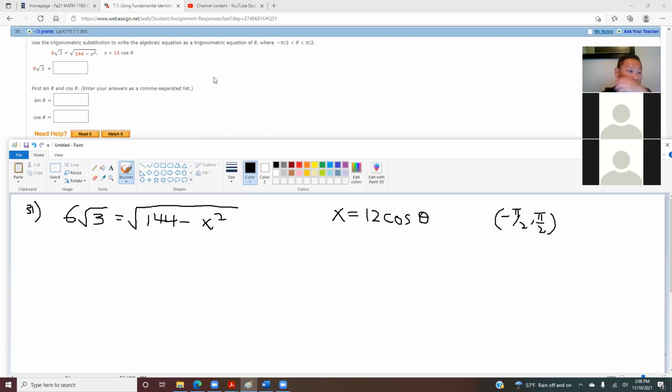So this question wants us to solve for 6√3 by using substitution.